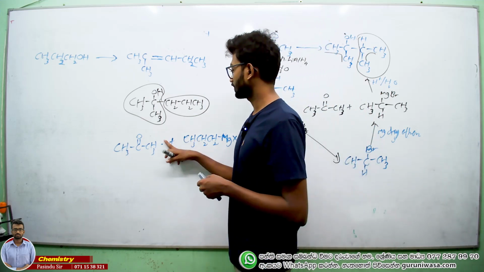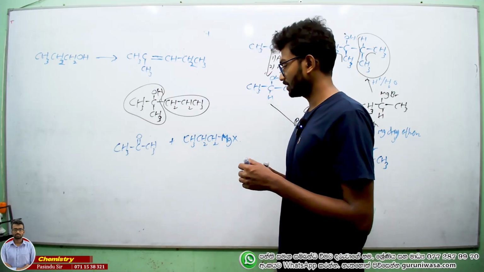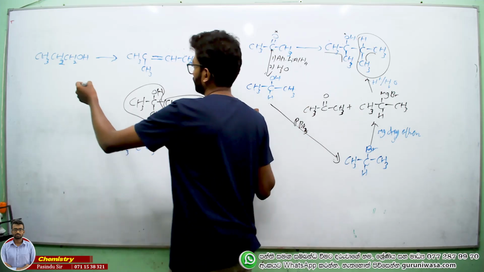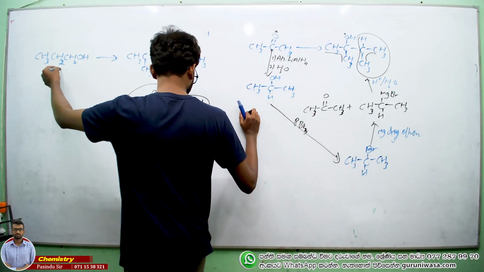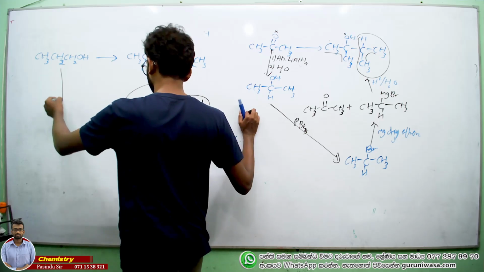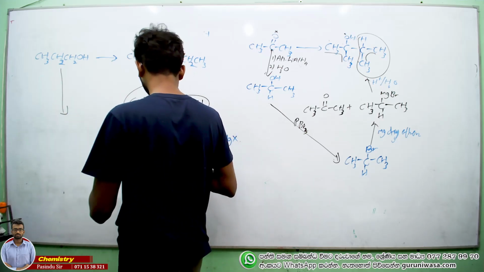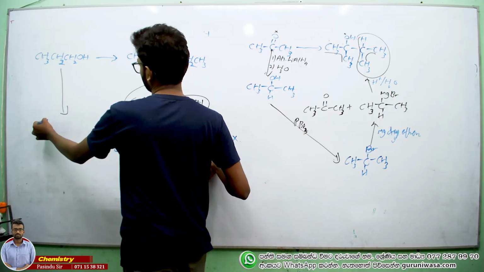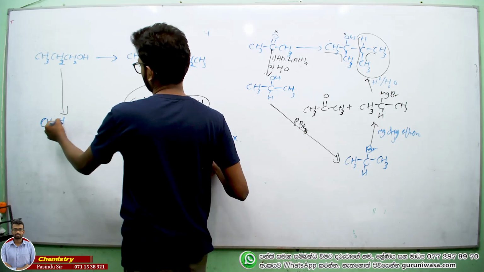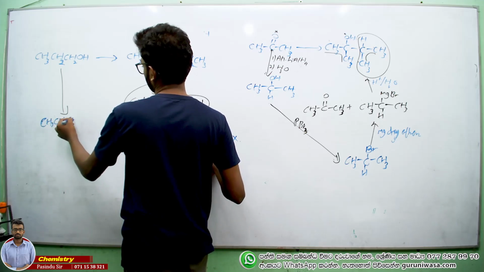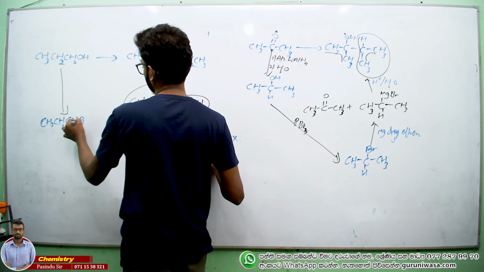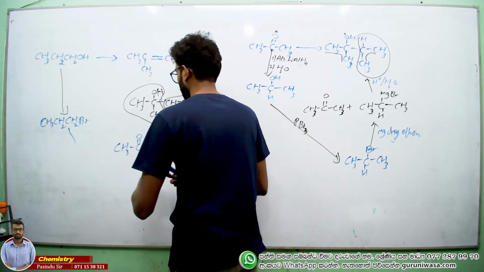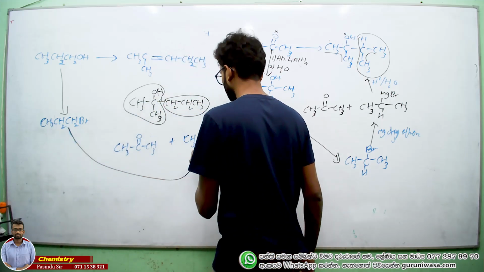Clear? Okay, then make these two separately, isn't it? And making Grignard is the easiest thing, right? Convert it into Br, and then this one.